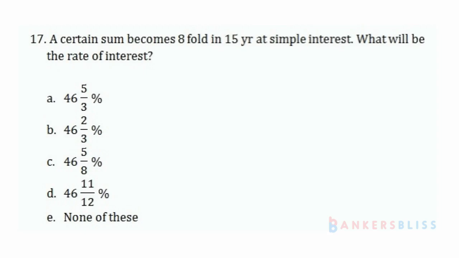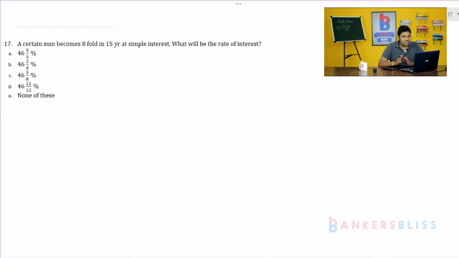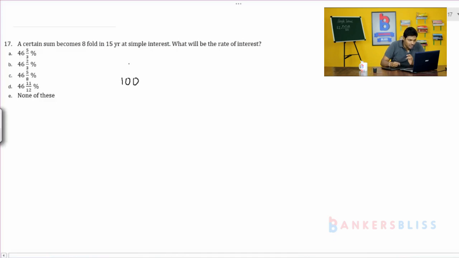A certain sum becomes 8-fold, that is nothing but 8 times, in 15 years at simple interest. What will be the rate of interest? Same methodology, same process. Okay, 8 times: you deposit rupees 100, you get 800 in 15 years. So 100 rupees is the principal amount.